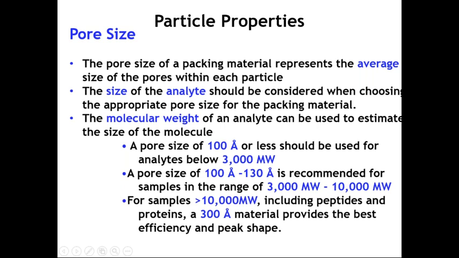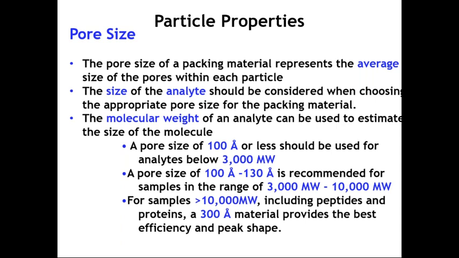So in almost all the analytical procedures for food analysis, they are all less than 3000. So we generally use the columns with either 100 angstrom or 60 angstrom. So for molecular weights of 3000 to 10,000, you use 100 to 130. And for very high molecular weight, such as the proteins, we use 300 angstrom.